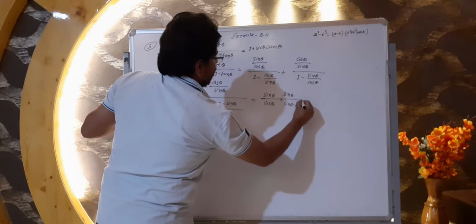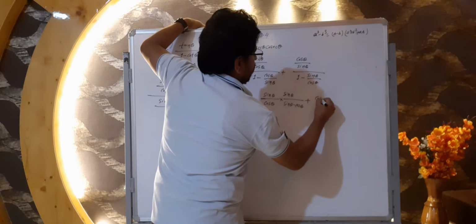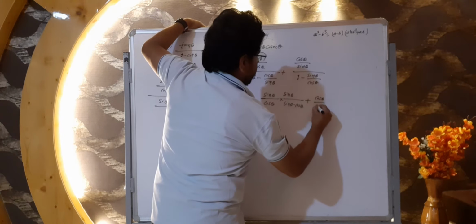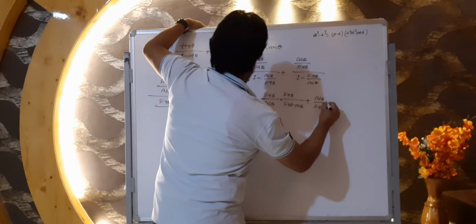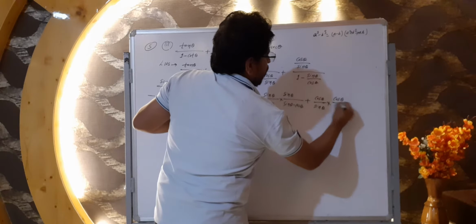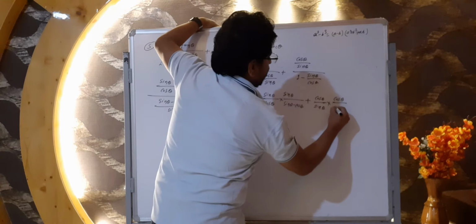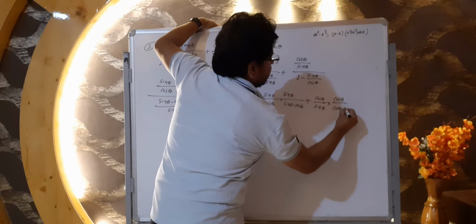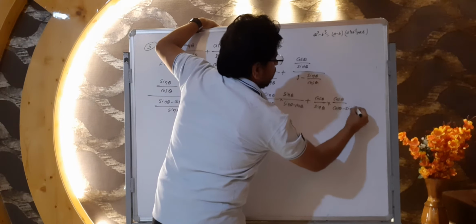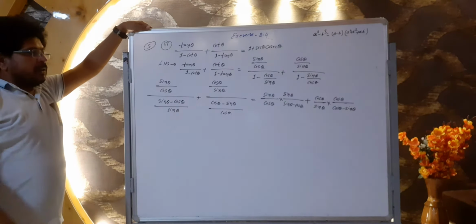What have we done here? Same to same here. In that case, cos theta upon sine theta multiply cos theta, okay, upon cos theta minus sine theta.